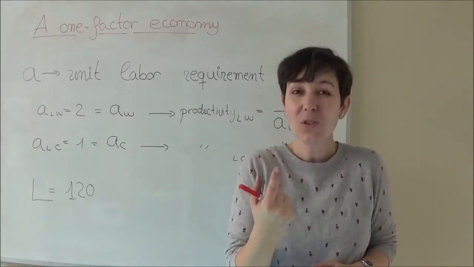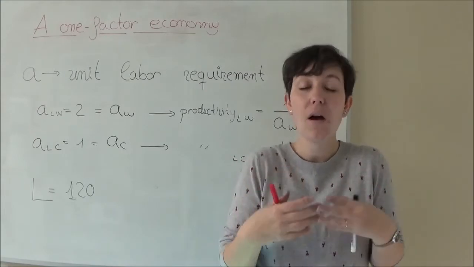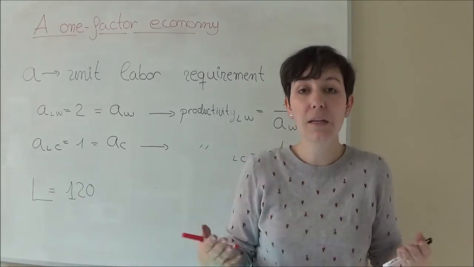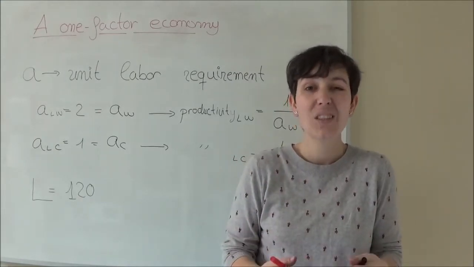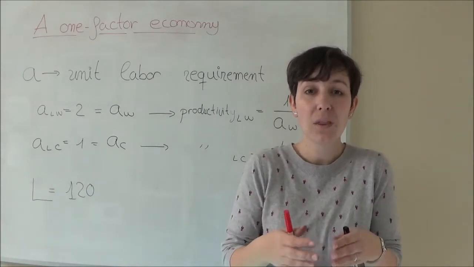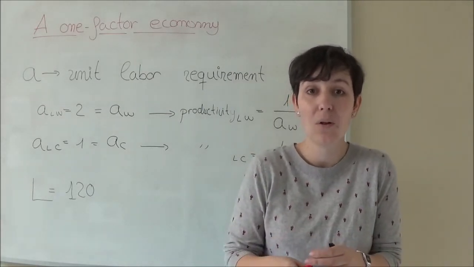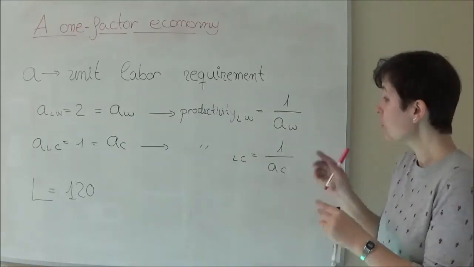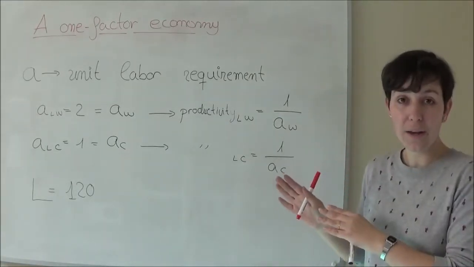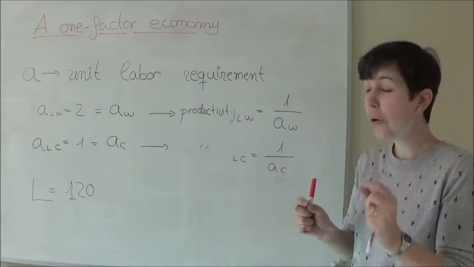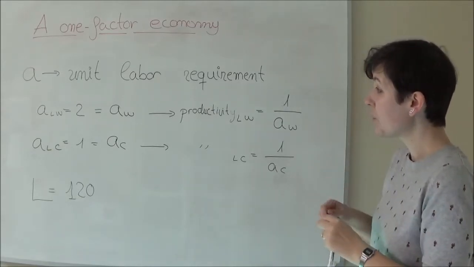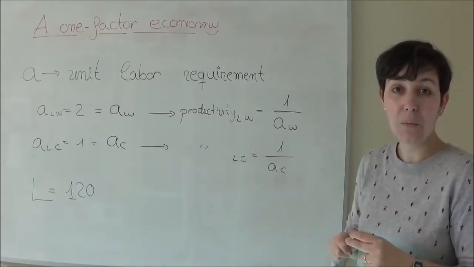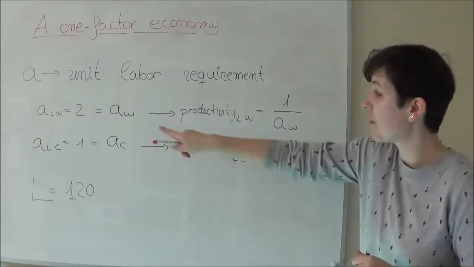So that also has the implication that labor has a low productivity level. So we have the productivity here. We are going to get this value in a different way, but I just want to show you that now we can also observe the productivity of labor, just by taking the inverse of that value.